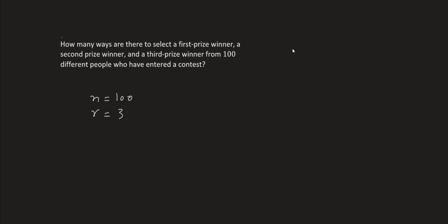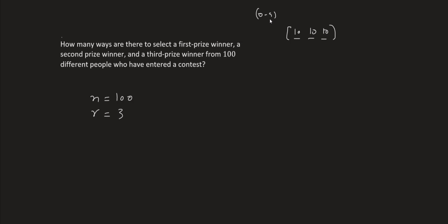Let's say if we had to find all those 3-digit length strings, if the only choice we have is from 0 to 9, we will have 10 choices here, 10 choices here, and 10 choices here.